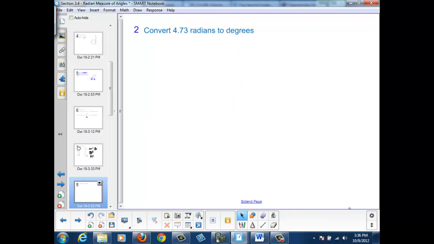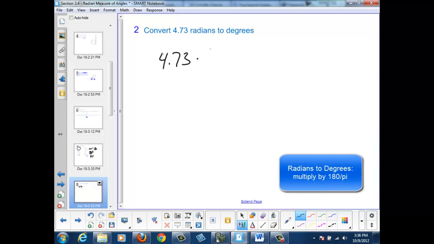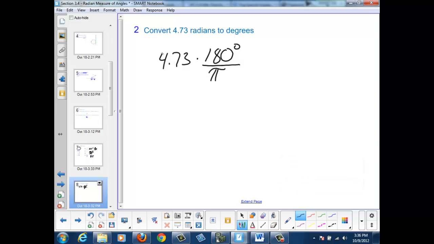Let's look at another example. Only this time I want to go from radians to degrees. So I want to convert 4.73 radians to degrees. Here I would take 4.73 and multiply by my conversion factor, which in this case is 180 degrees over pi, because I want the radians to cancel out and end up with degrees.